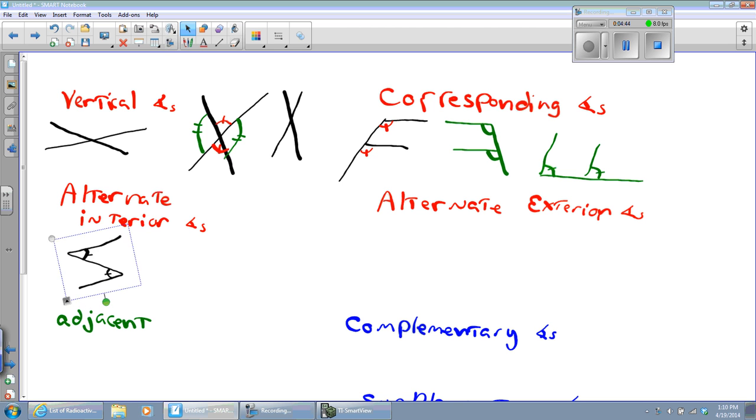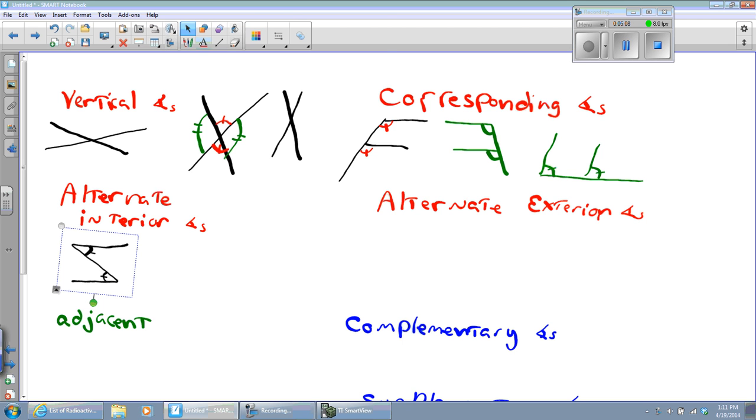Or they could look like a Z. It doesn't matter, as long as you can find a Z in there. Those are alternate. By the way, what does alternate mean? It means to switch sides or in replace of. Interior means inside. So they're the ones on the inside of the letter.